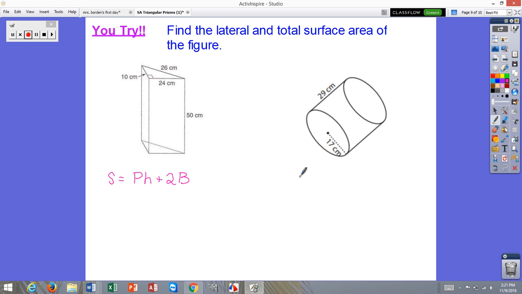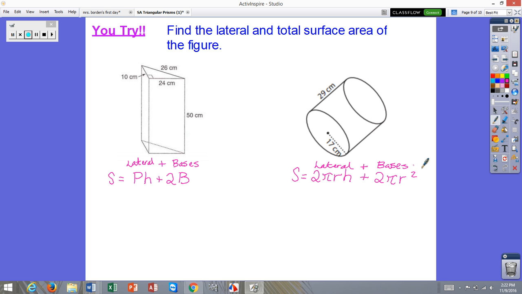And for the cylinder, surface area is 2 pi r times height plus 2 pi r squared. Okay? In both of these formulas, this is the lateral area plus the bases.